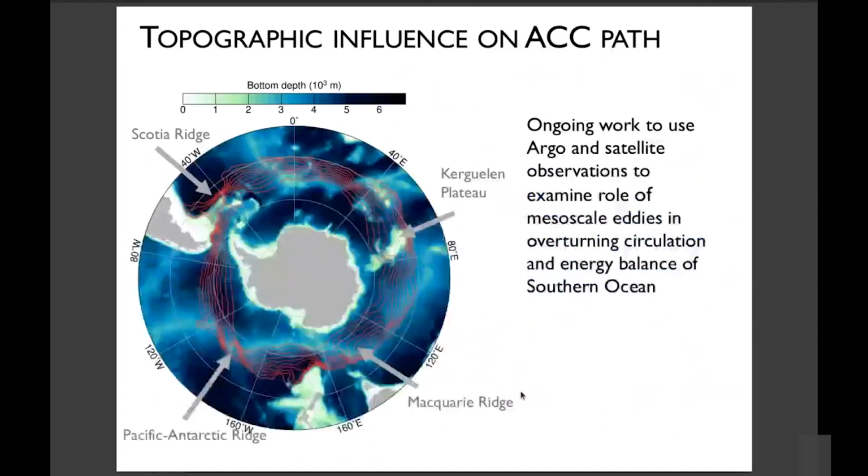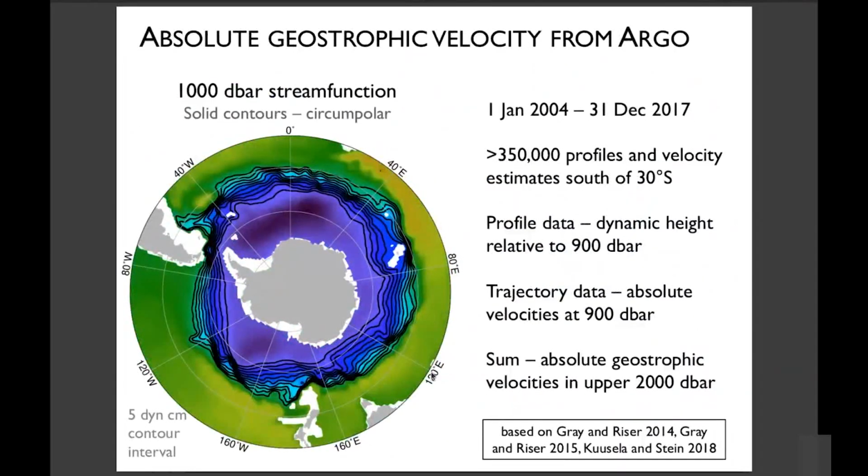Let me go back to that plot. Yes, I do reference them to the trajectory. I use the trajectory data to estimate the absolute velocity at the parking depth of the floats, and then use that as my reference level for the dynamic height calculation based on the T/S profiles. I'm also working on incorporating altimeter-based velocities at the surface to give an additional constraint on the velocity.